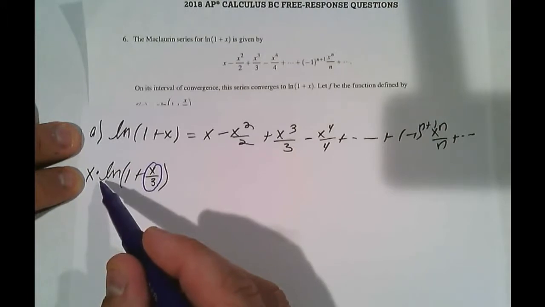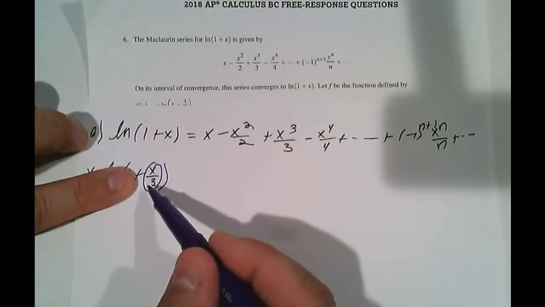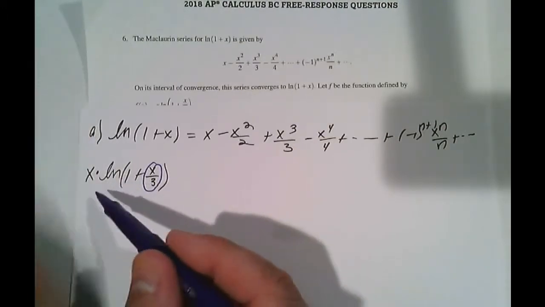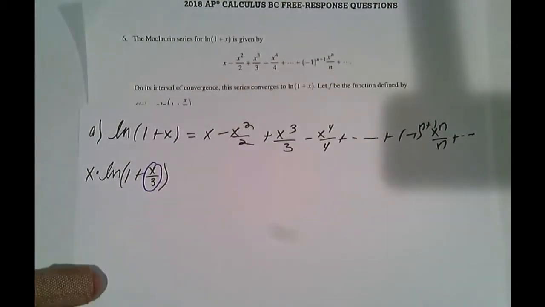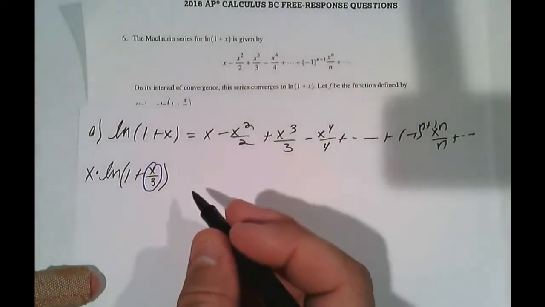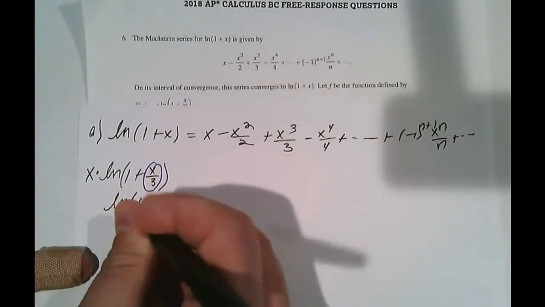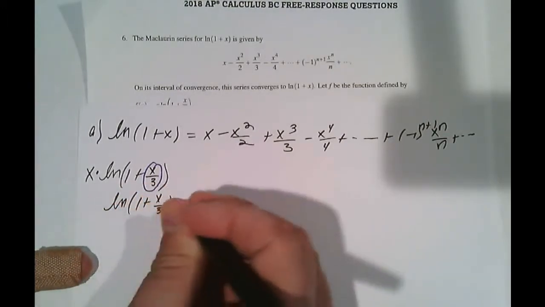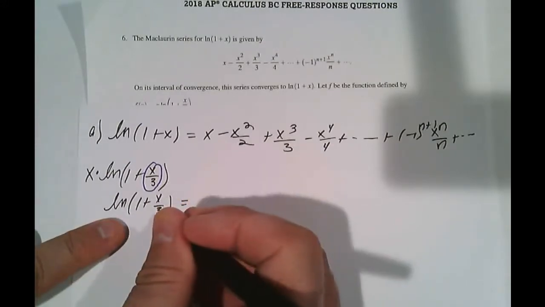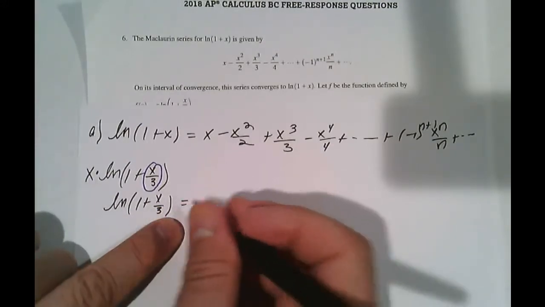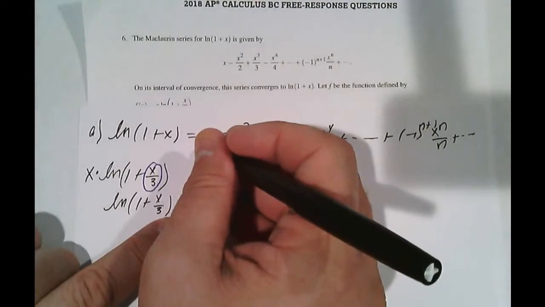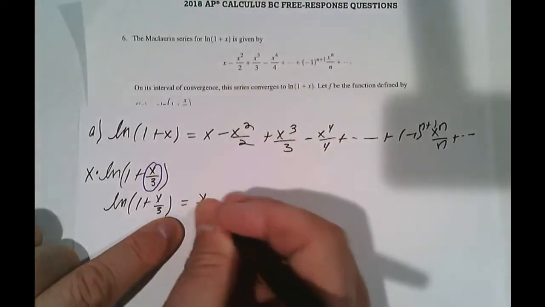So we have two things going on. We've got a replacement, and then we've got a multiplication. And I want to make sure that we're doing this very, very carefully. So for the natural log of 1 plus x over 3, I'm just doing the replacement, I'm not multiplying right now. Everywhere there's an x, replace x with x over 3.